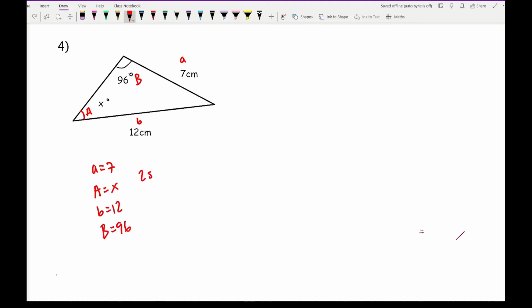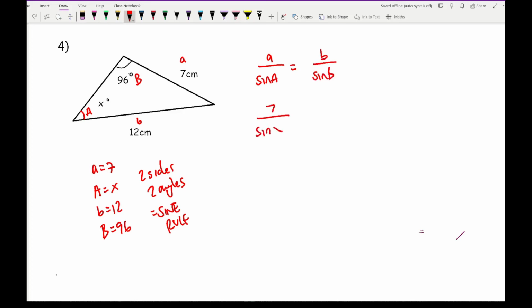So again, 2 sides, 2 angles equals the sine rule. So writing the formula out, substituting numbers in, I've got 7 over sine x equals 12 over sine 96. From this, what I then need to do is cross multiply.